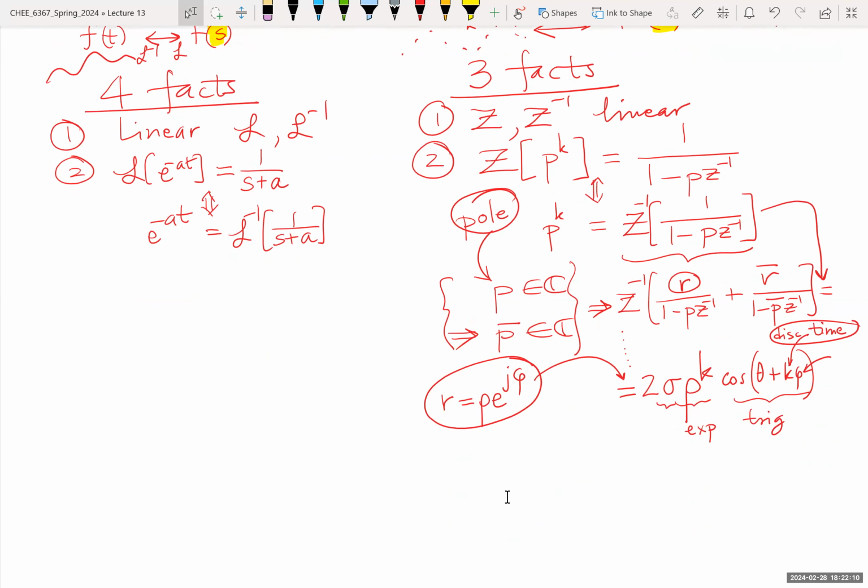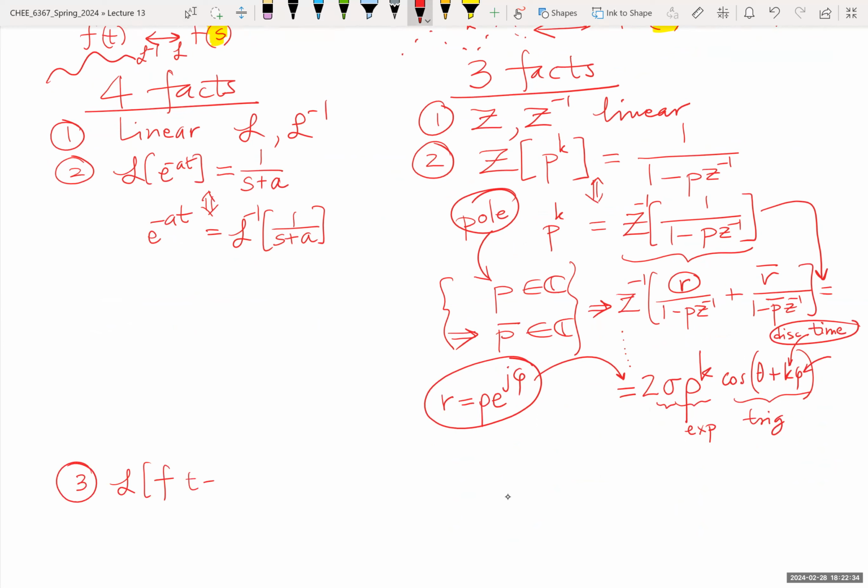Finally, let's do the last one, fact 3, and then we'll do some examples, numbers, just to feel comfortable. So 3. What was example 3 in Laplace? Let's put it down here. Oh, dead time, okay, let's do dead time.